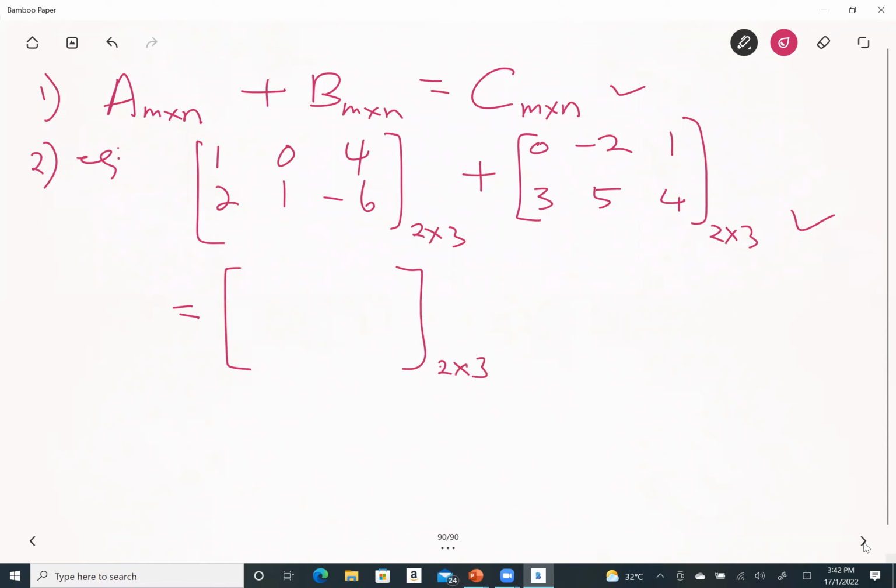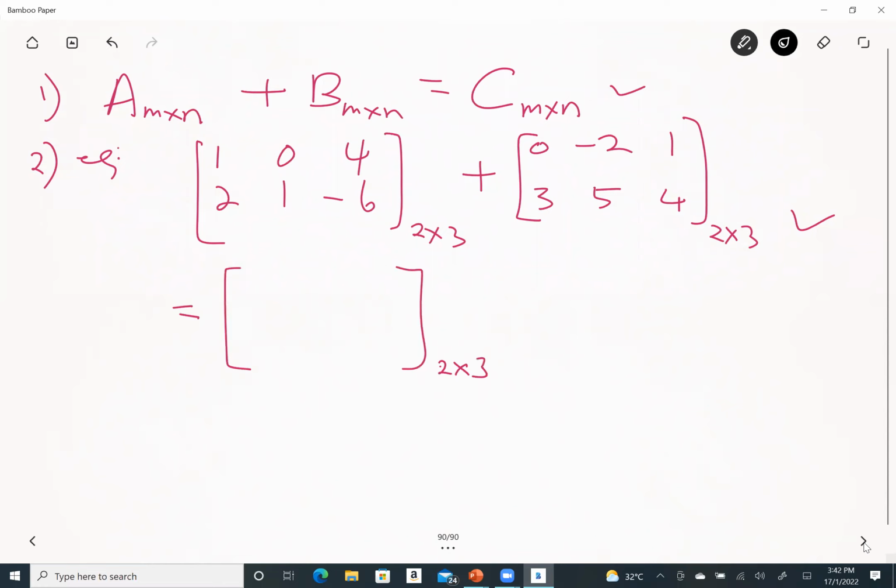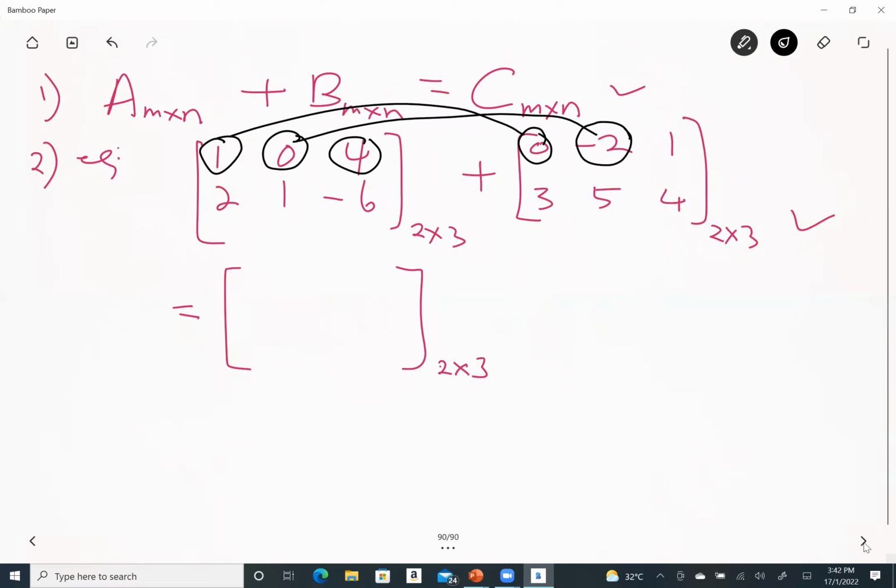Now, how do you add corresponding elements? What do we mean by that? Corresponding elements mean first row, first column, you add to first row, first column of the second matrix. First row, second column, you add to the first row, second column. First row, third column, you add to first row, third column, and so on.